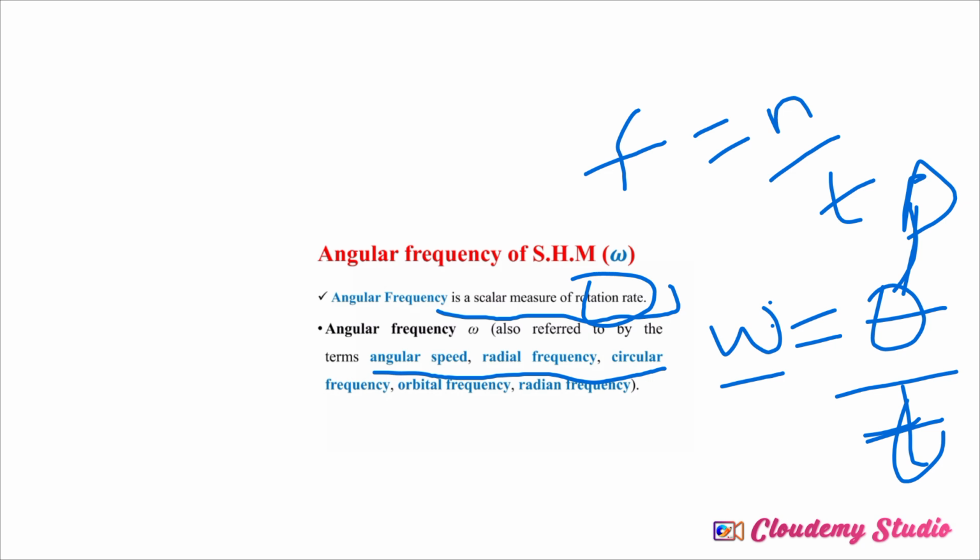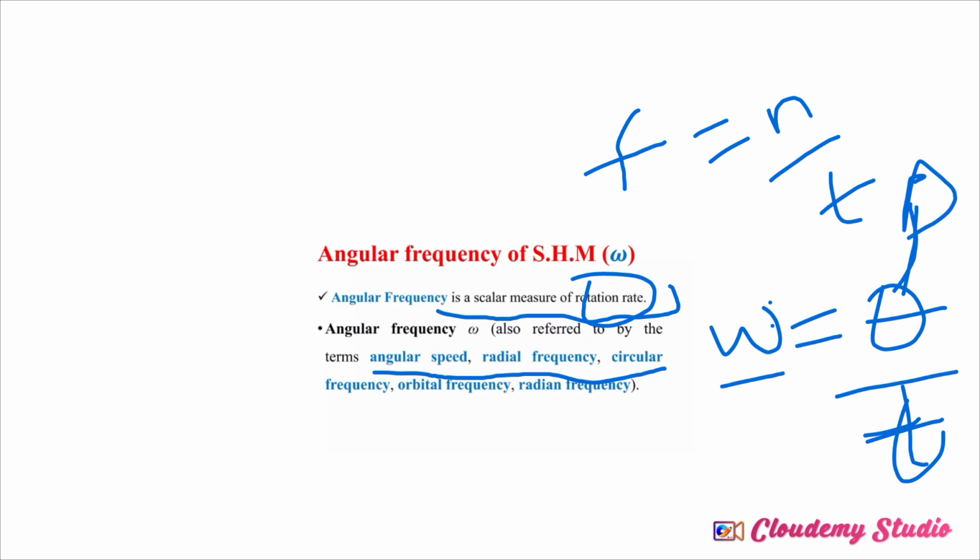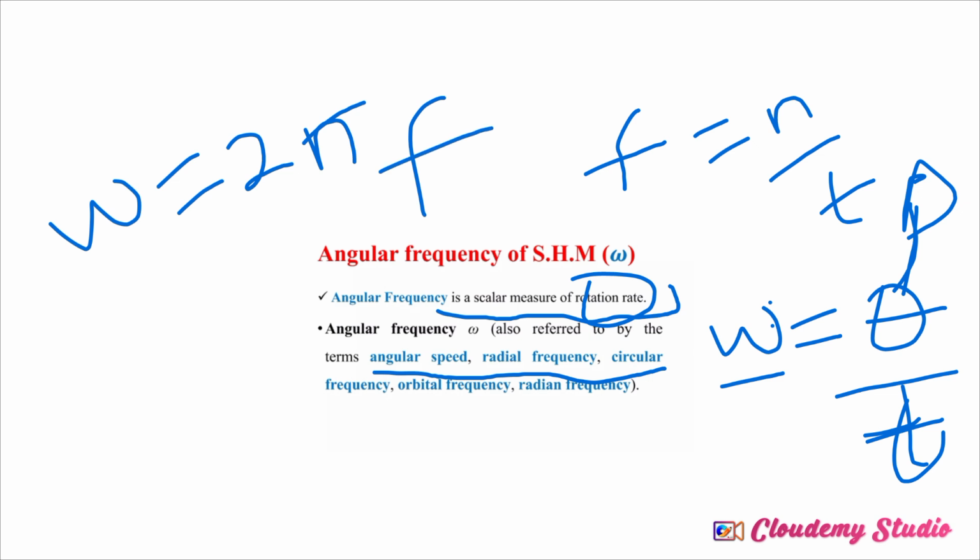So let's continue. But before that, the relationship between them: omega is equal to 2 pi f.